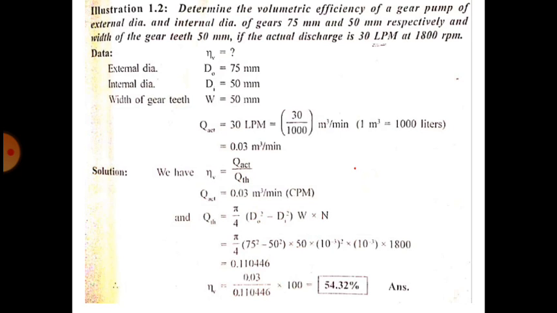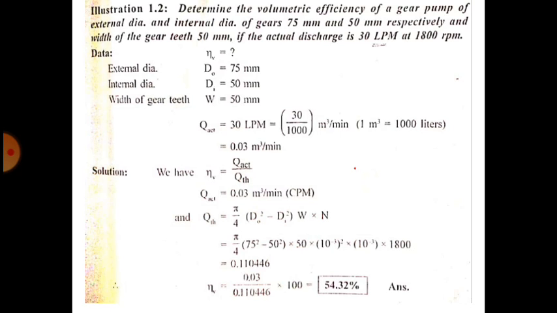So Vd is pi by 4 (d naught squared minus di squared) into W, that is, pi by 4 (75 squared minus 50 squared) into 50, where 50 is the width. Convert that from mm into meters, and you are going to get the Q theoretical equal to 0.110446 meter cube per minute.